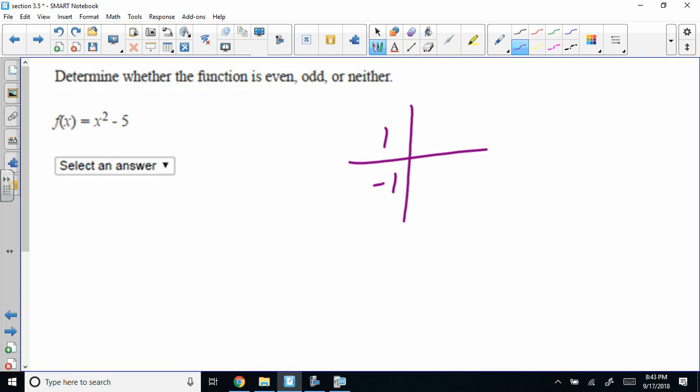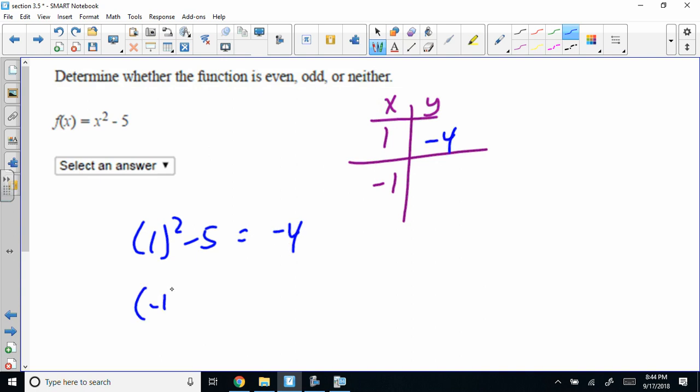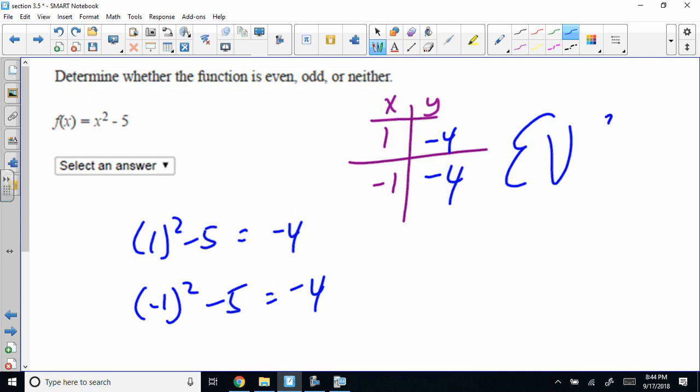That was too much for a cube. Yeah, it was. Okay, so 1 squared minus 5 equals what? Negative what? 4. Negative 1 squared minus 5 equals what? X and its opposite. What did it give me? Same what? Output. So this is what type of function?